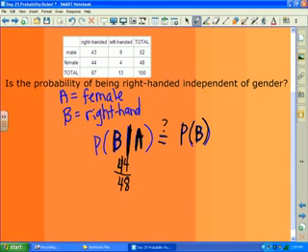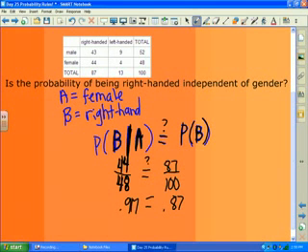How many are, this number right here, how many are right-handed and female? That's 44. How many are just female? 48. Okay. What's the probability of being right-handed, just flat out plain probability of being right-handed? 87 out of 100. So the question is, are those things the same? And this is 0.917, whereas this is, of course, 0.87.